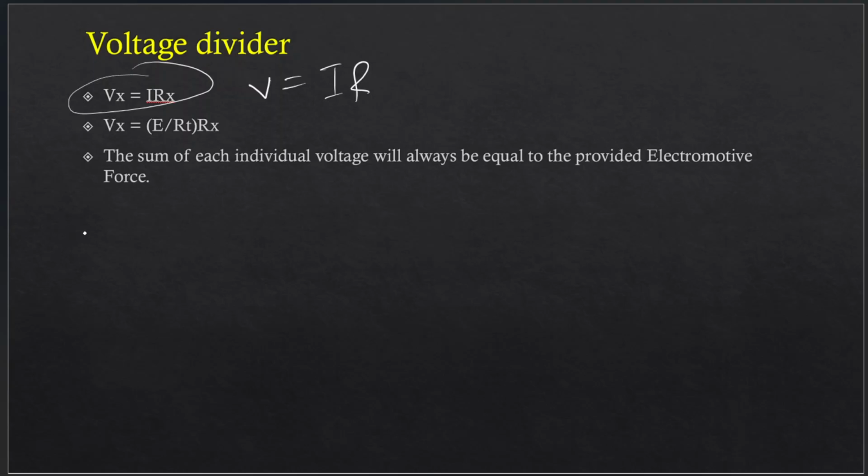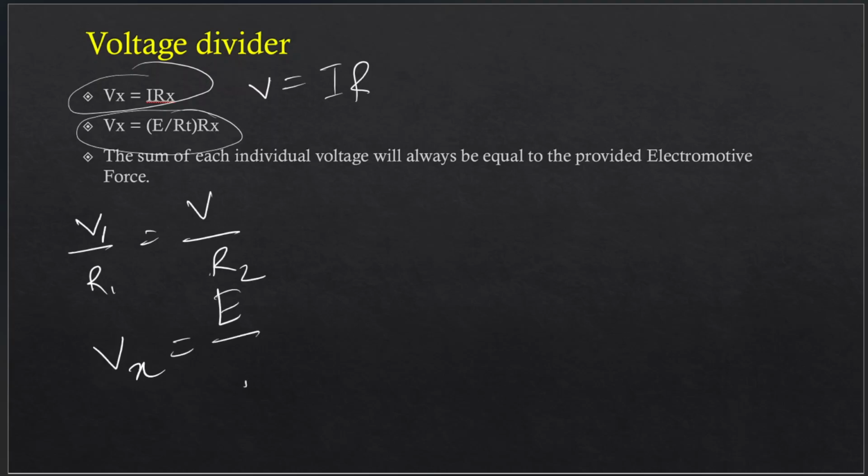And again, from the ratio equation that we had, V1 over R1 is equal to V2 over R2, from this we can derive Vx. So Vx is equal to E over RT, so our total, times Rx.